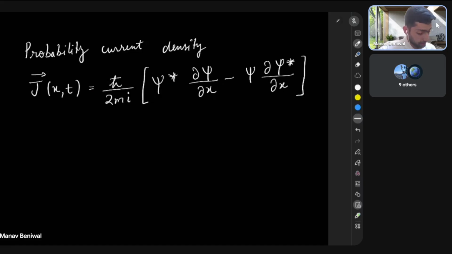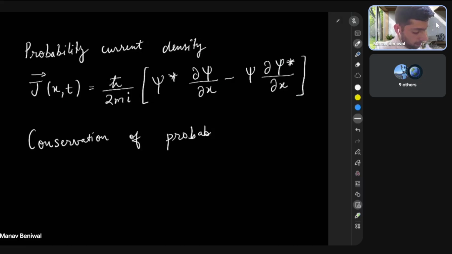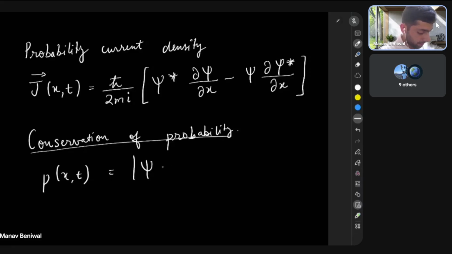Now there is a thing known as conservation of probability. Let's say our probability P is given by mod psi of x comma t, squared. This is the probability density of finding a particle at a point x. And then this is the probability current density.